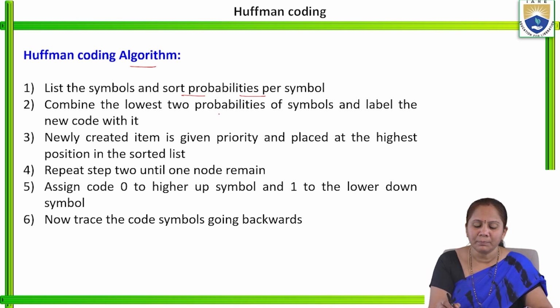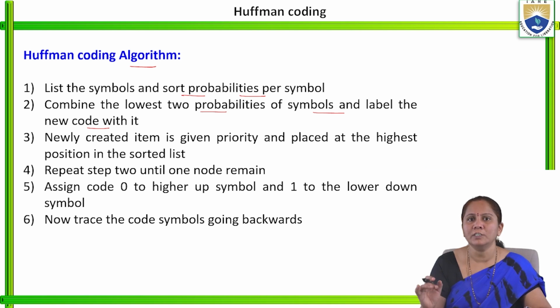In the second step, we combine the lowest two probabilities of symbols and give a label to each one. That means from the bottom, we perform the addition operation, which leads to a new number. After performing the addition operation like this for the bottom symbols in each step, we assign a code for each symbol.